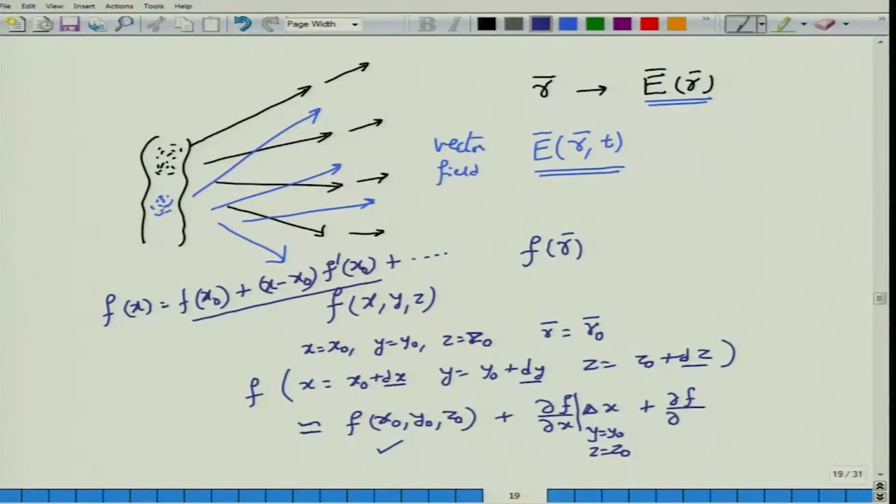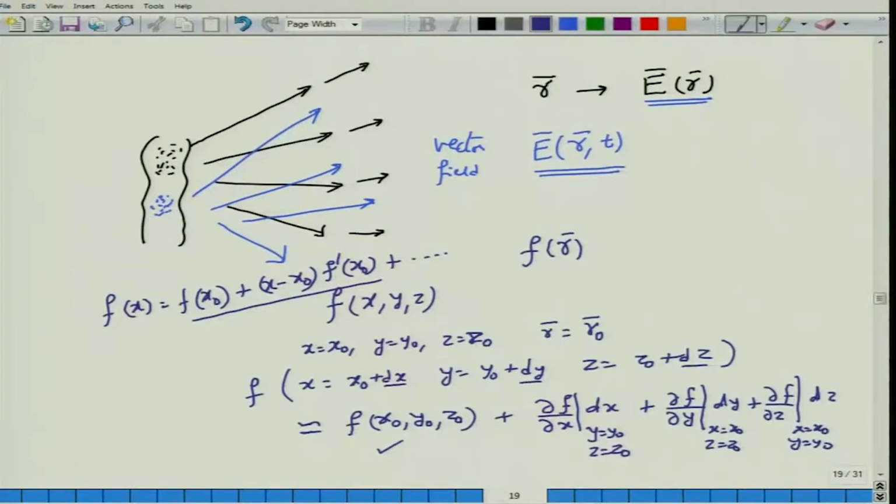So, that would be del f by del y, delta y. Again this del f by del y should be evaluated such that x is x naught, z is z naught, and finally you have a contribution because of the partial derivative of f with respect to z evaluated again at x equal to x naught and y equal to y naught multiplied by delta z. Or rather in this case delta x is dx, delta y is dy and delta z is dz. So, let me rewrite all that.